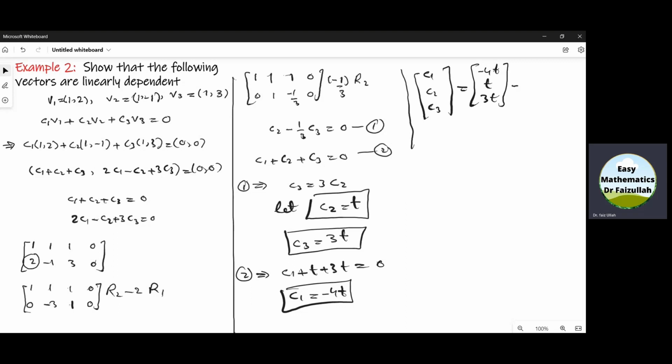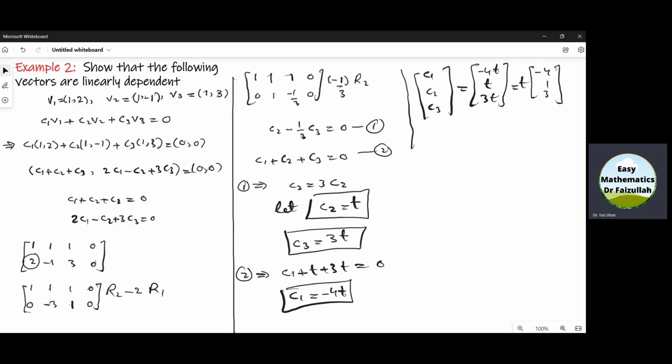Let us take t as common. So we have t times (minus 4, 1, 3). For any non-zero real number t, we have a different solution of this system.